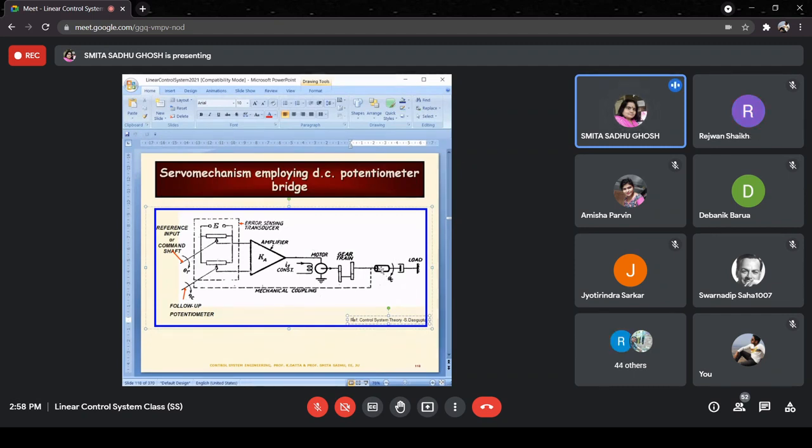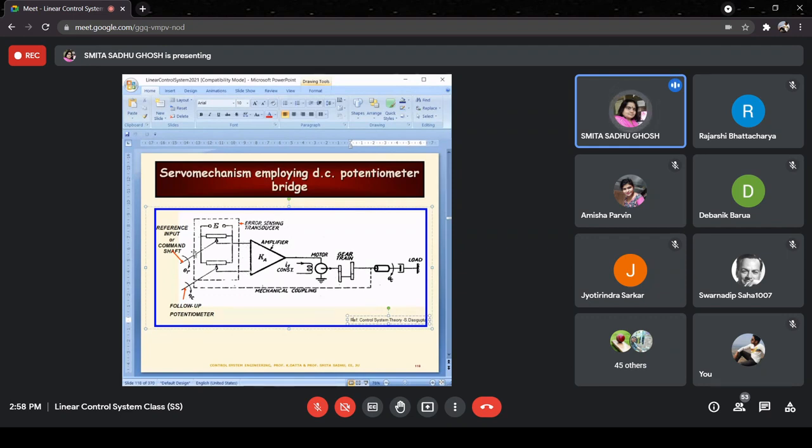Now, this output shaft or load shaft as we call it, is connected via a mechanical coupling to the pointer of the potentiometer. Say the situation under which theta c becomes exactly equal to theta r, what will be the voltage generated at the output side?